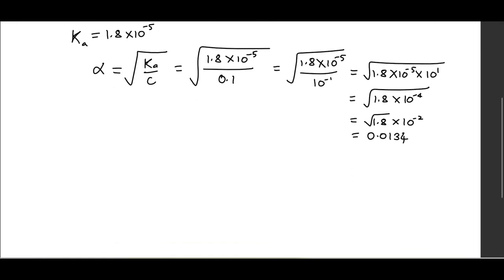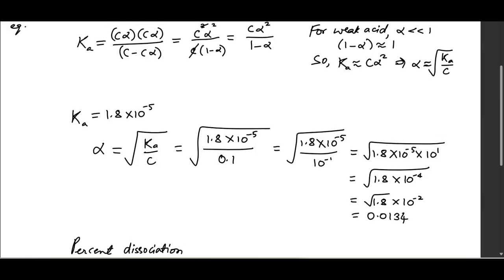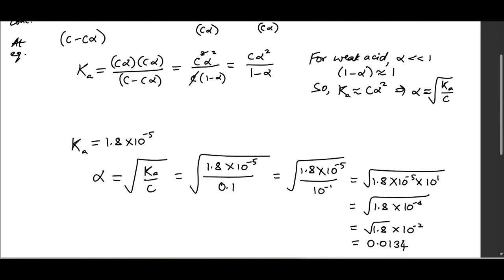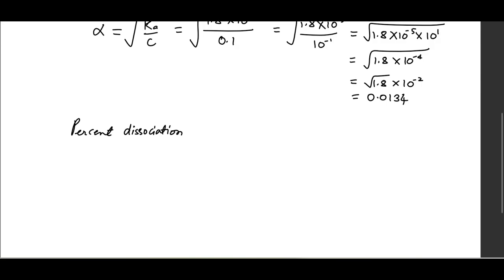Now the second part is percent dissociation. We got the degree of dissociation, and percentage dissociation is the second part of the question. See here, compute the degree of dissociation and percentage dissociation. The formula for percent dissociation is the number of moles of acid dissociated divided by the total number of moles of the acid.